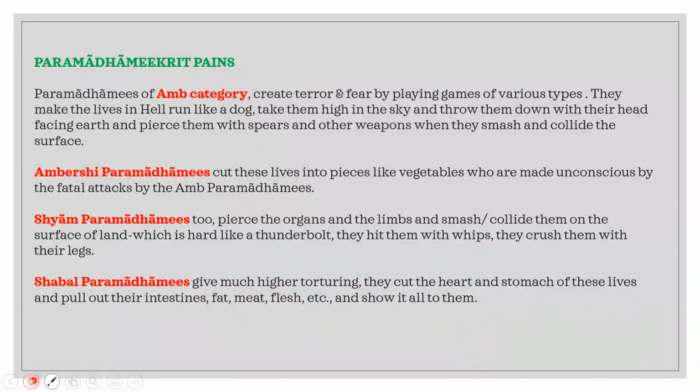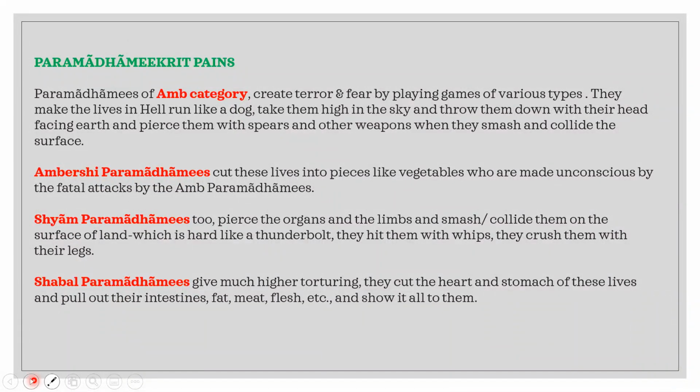Now, they always work with the Ambarish category of Parmadhami. When these Jeevs of Narki fall onto the floor of the Narak, the Ambarish category of Parmadhami will catch them. These Jeevs of Narkis are almost like murchit, or unconscious, and they will cut them into various small pieces like vegetables. So that is the Ambarish category of Parmadhami.